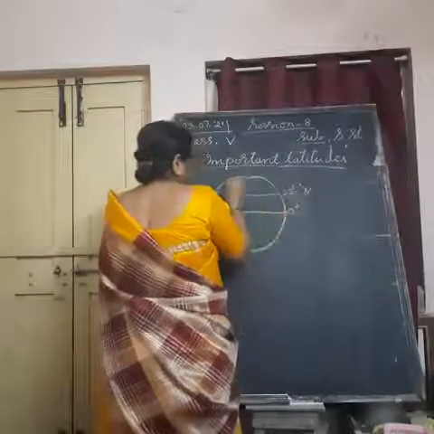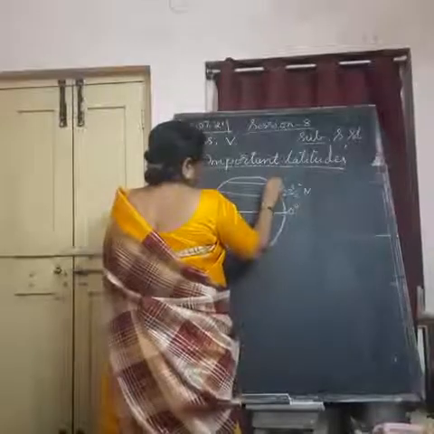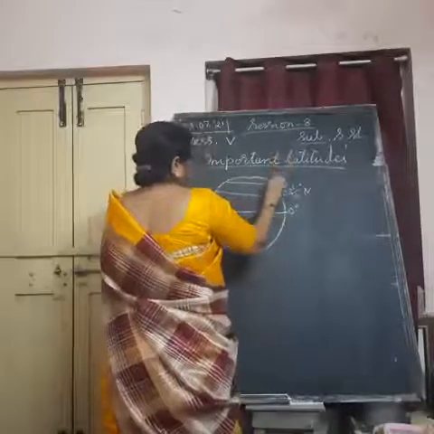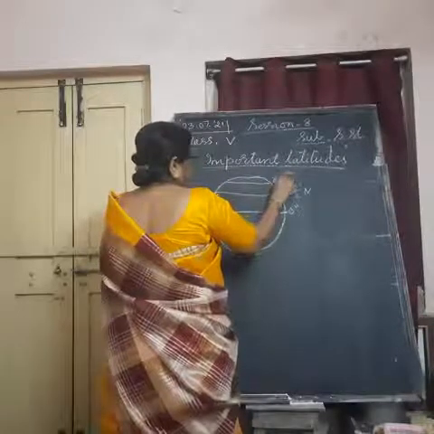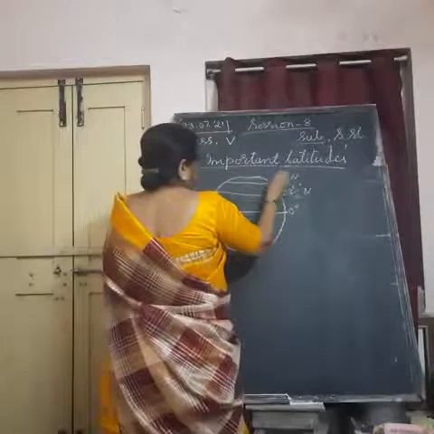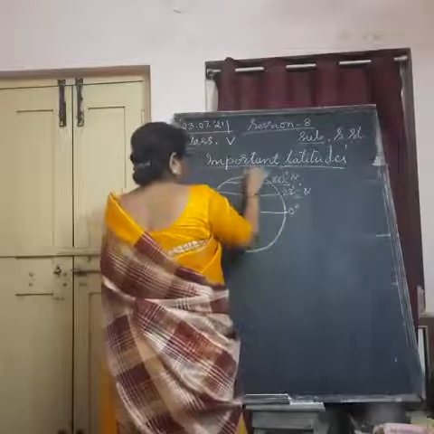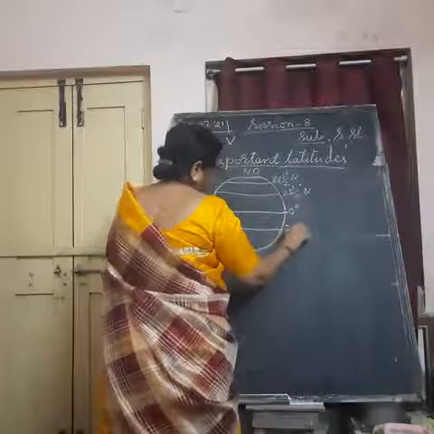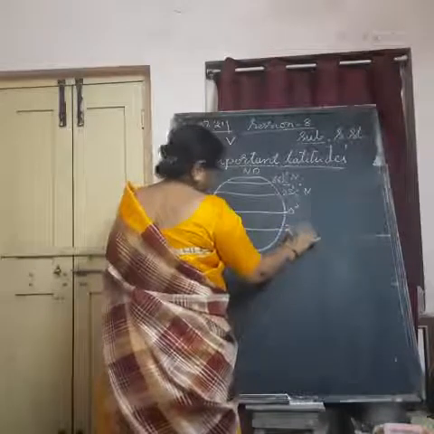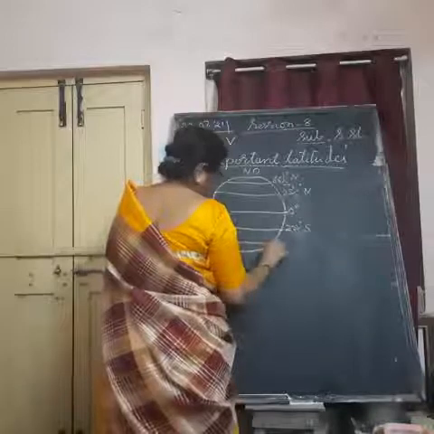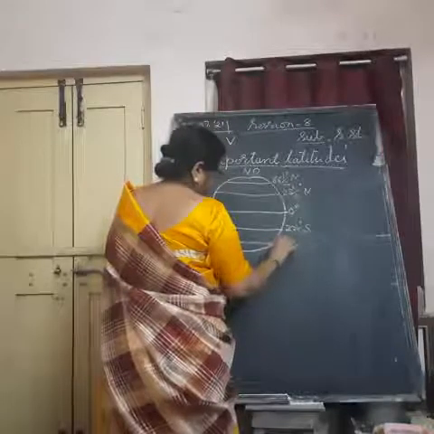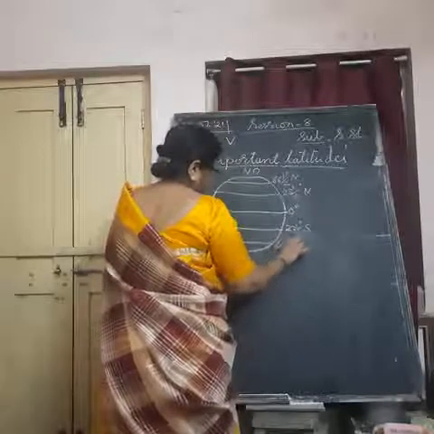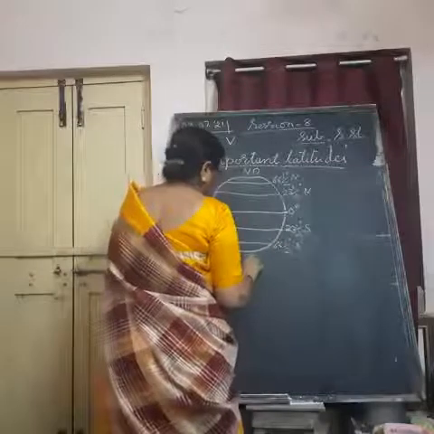In the north they are measured with north. 66.5 degrees north. This is north. 23.5 degrees south latitude. 66.5 degrees south latitude and the south pole.